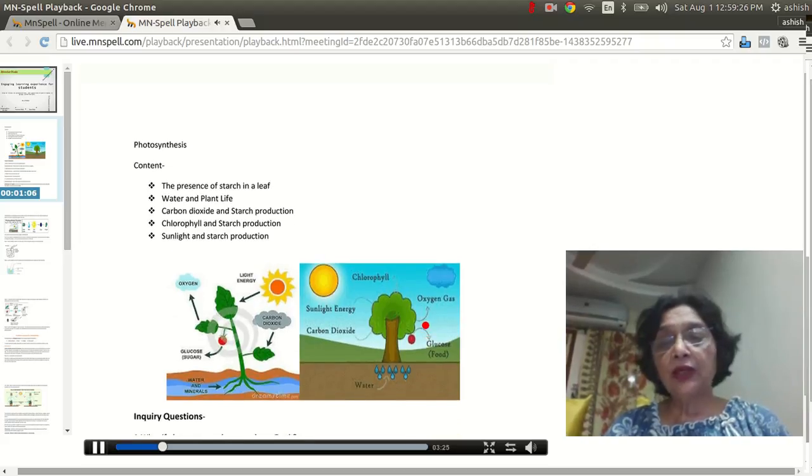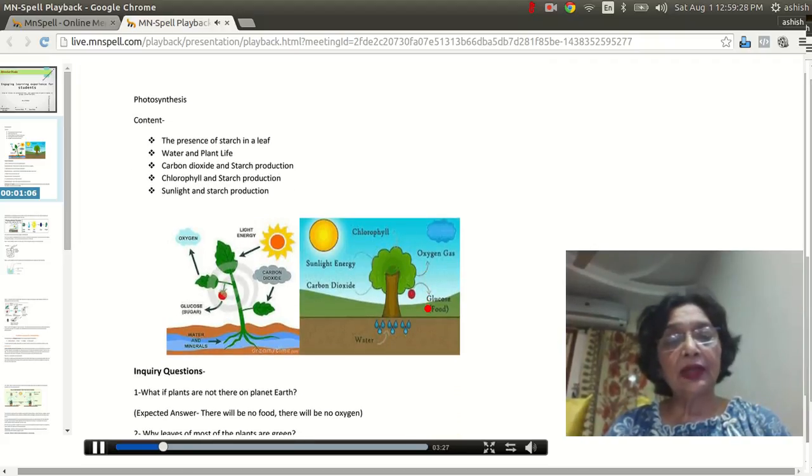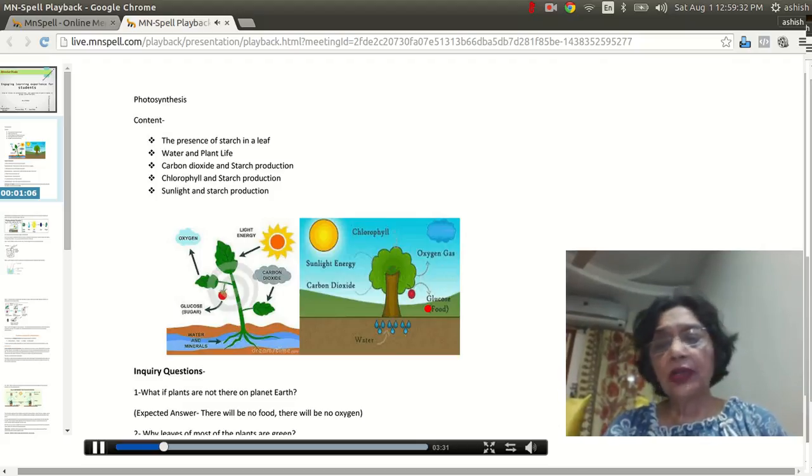Now if you see, this is the diagram which gives you an overall understanding of photosynthesis.